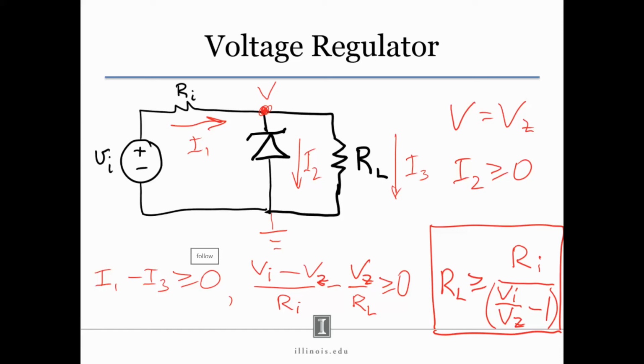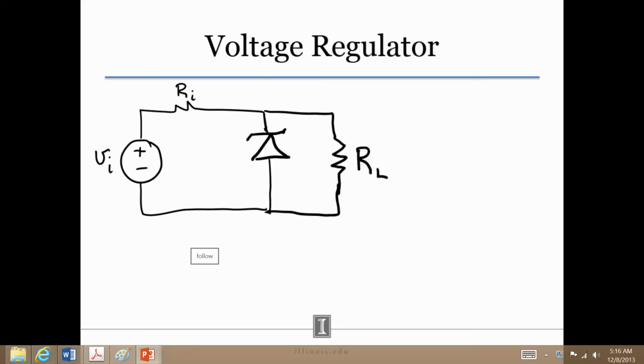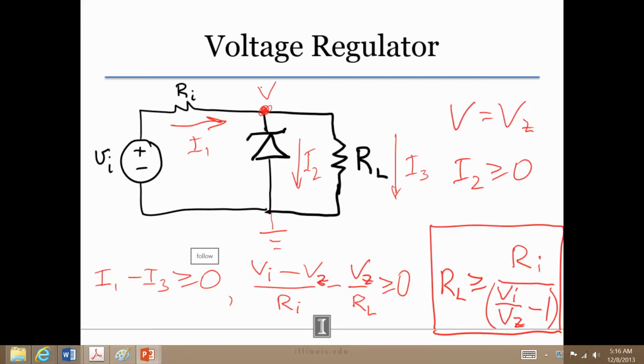Alright, where we stopped, we were using the node voltage analysis on the Zener diode, and we marked this node V. We said we want this V to be V Zener, and the condition for maintaining that is I2 has to be greater or equal to 0, right?